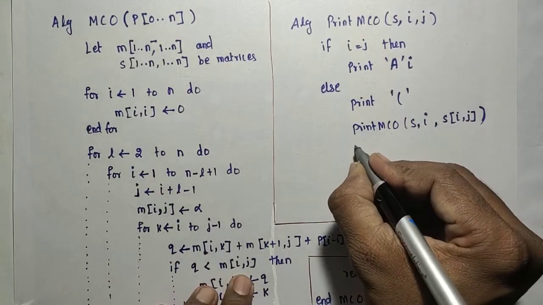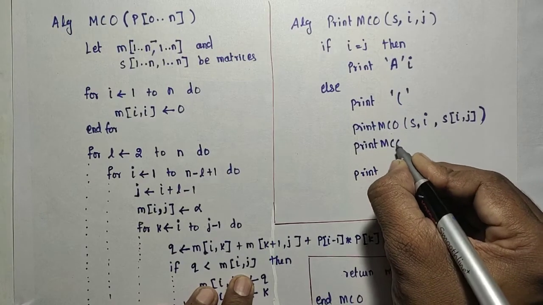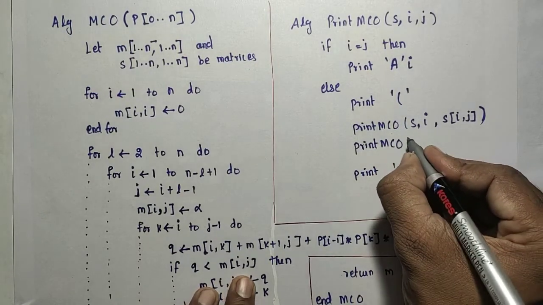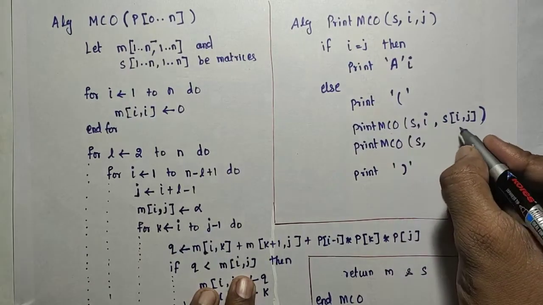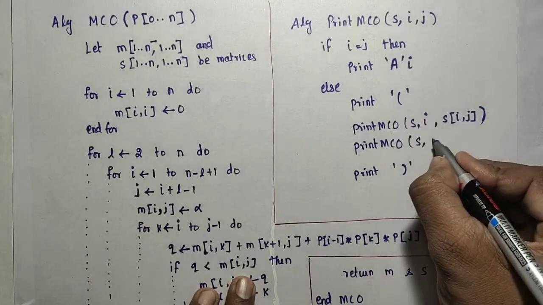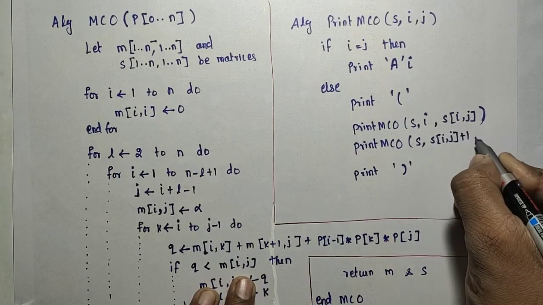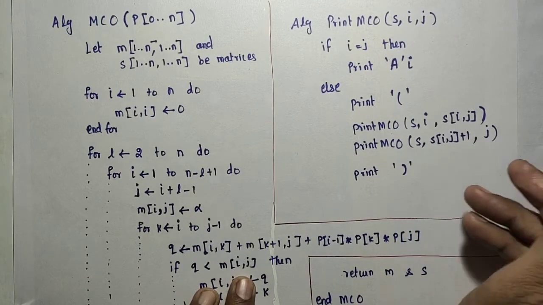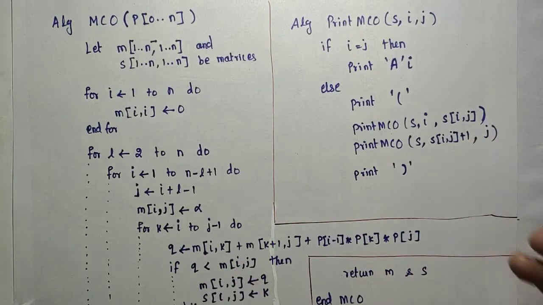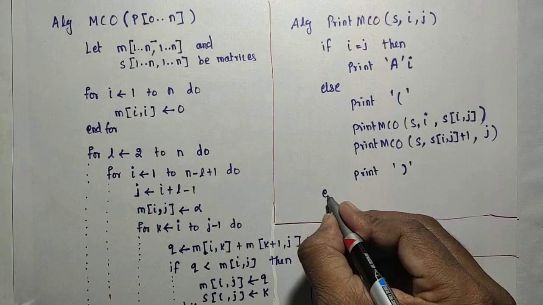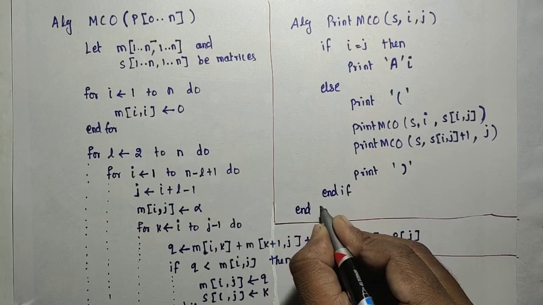So we print the parenthesized expression from i to s of i comma j. Then we have to call recursively Print MCO of s comma s of i comma j plus 1 to j. And end if, end Print MCO.